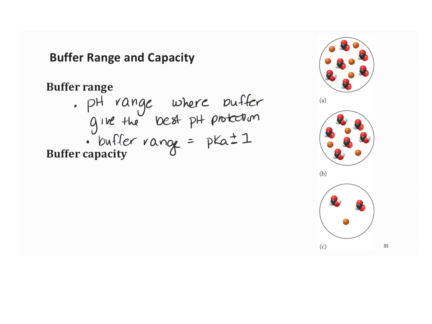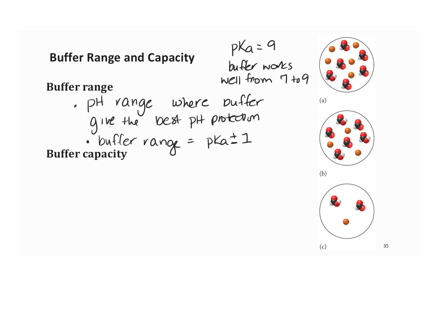So, for example, if the pKa is 9, the buffer works well from pH 7 to 9, okay?